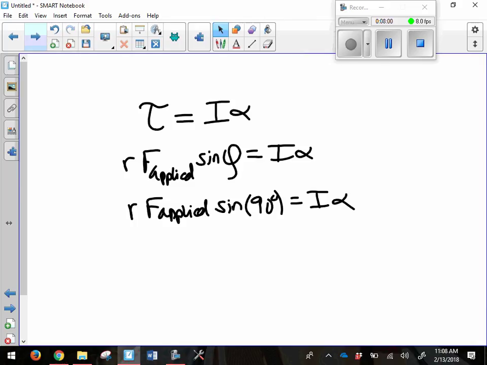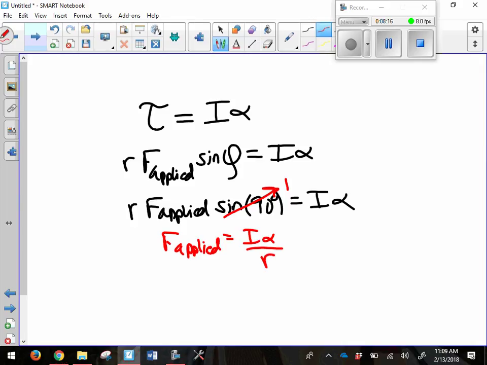And sine of 90 is 1. Okay. I always get nervous. So this tells me that F applied is equal to I alpha over R. You can substitute the numbers in and tell me what F applied is.